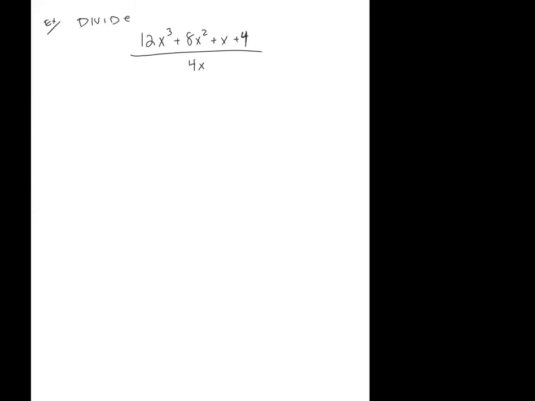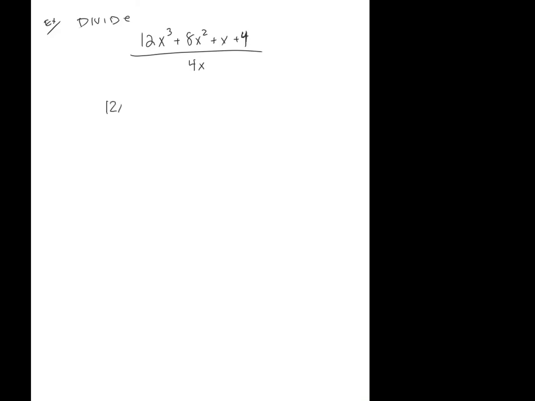So we have a polynomial divided by a monomial. And as I mentioned in these notes, let's just rewrite it as a sum of fractions. So how many fractions are we going to be having here? 4. Very good.